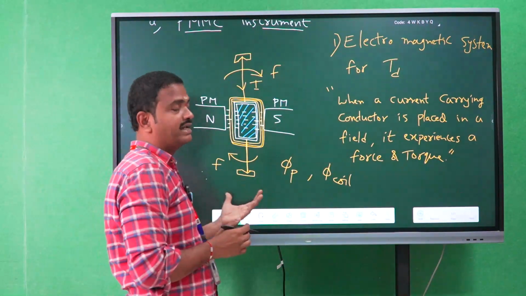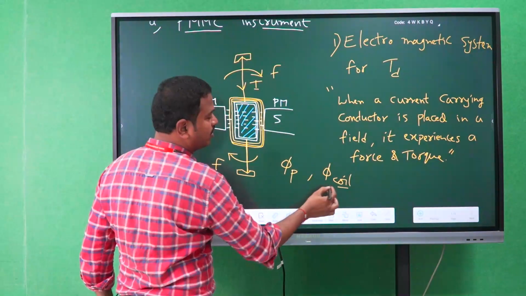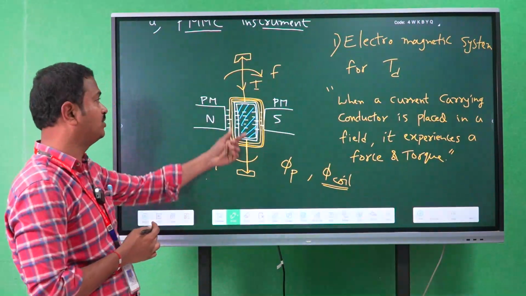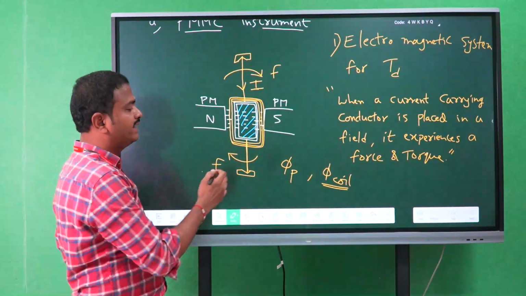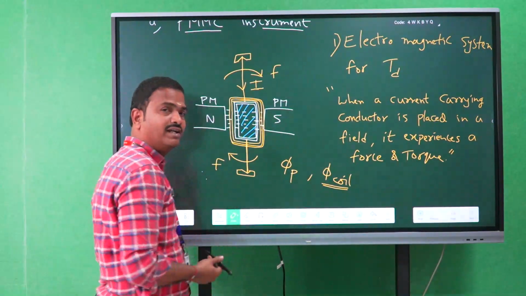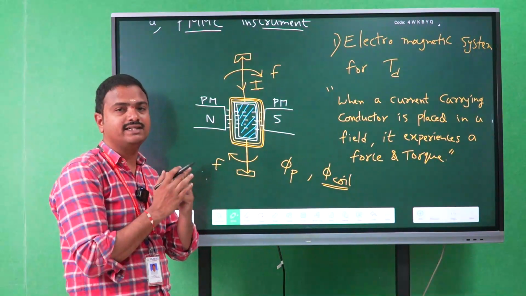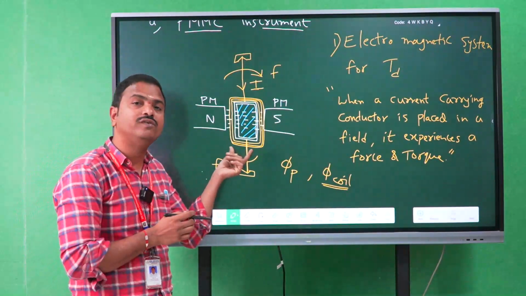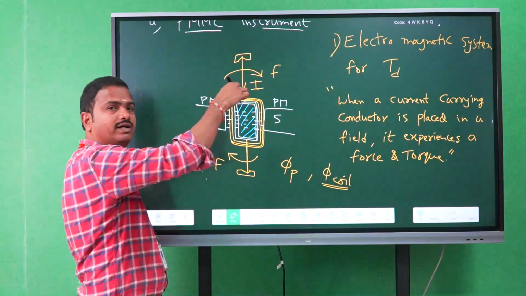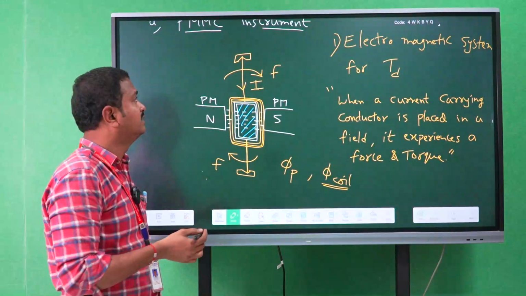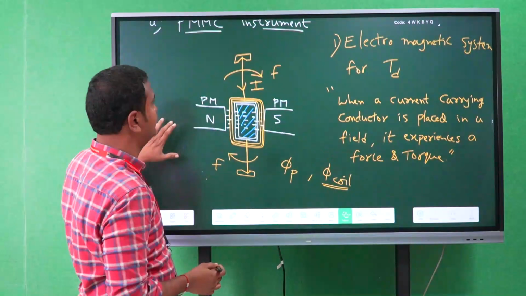Due to the interaction between the main pole flux and the coil flux, which is produced by the magnitude of the current which has to be measured, the coil will be moving or rotating inside the instrument, hence it is a moving coil. Here we are using permanent magnets and a moving coil, so this is a permanent magnet moving coil instrument.